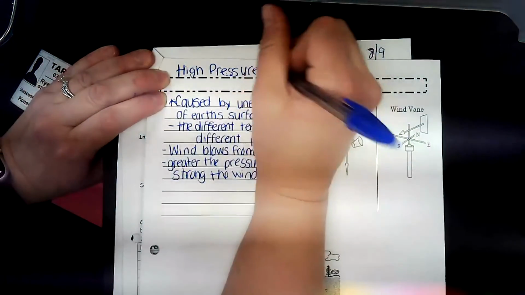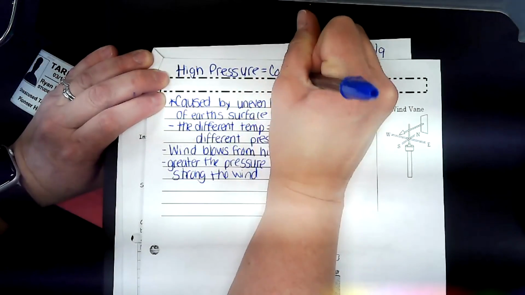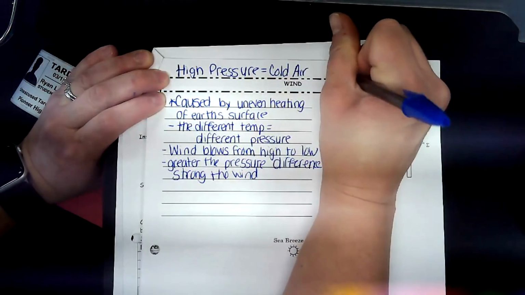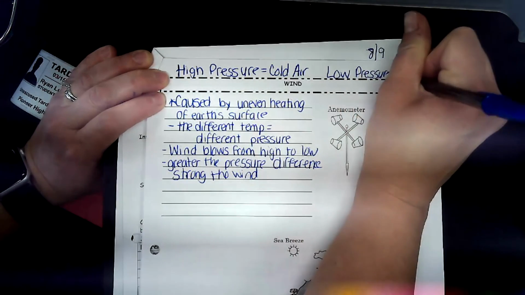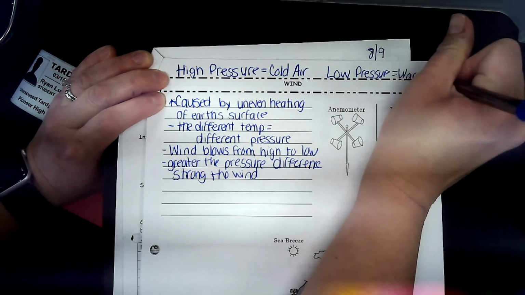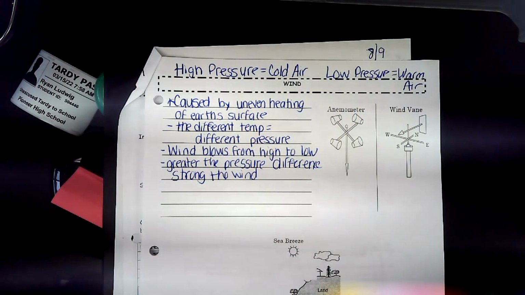High pressure is what temperature? Cold, because cold air sinks. Low pressure is warm air because warm air rises. So if the wind always goes from high pressure to low pressure, it's going from the cold air to the warm air.